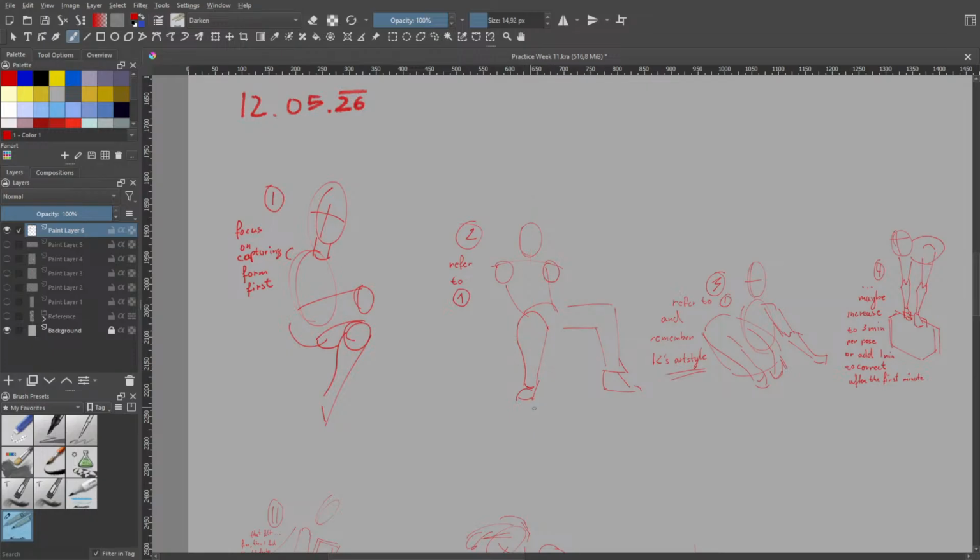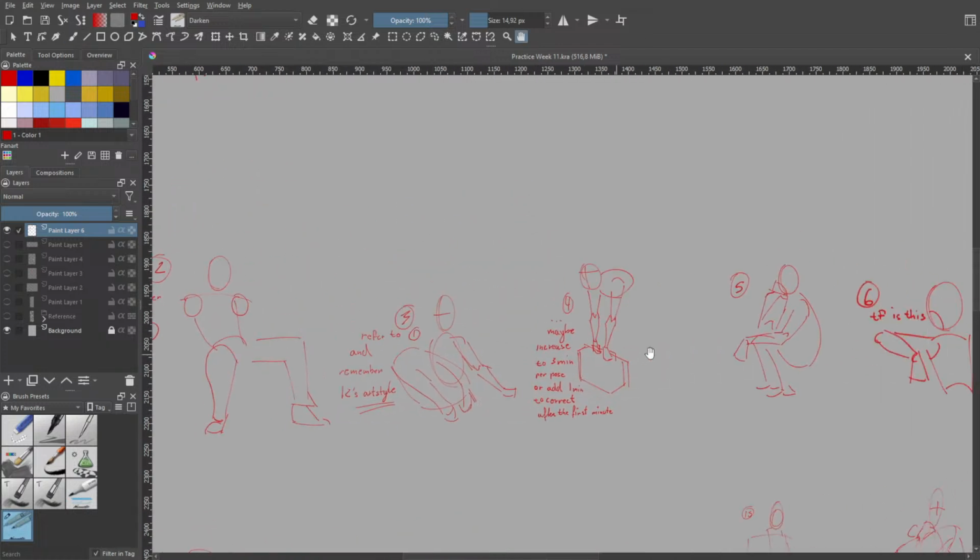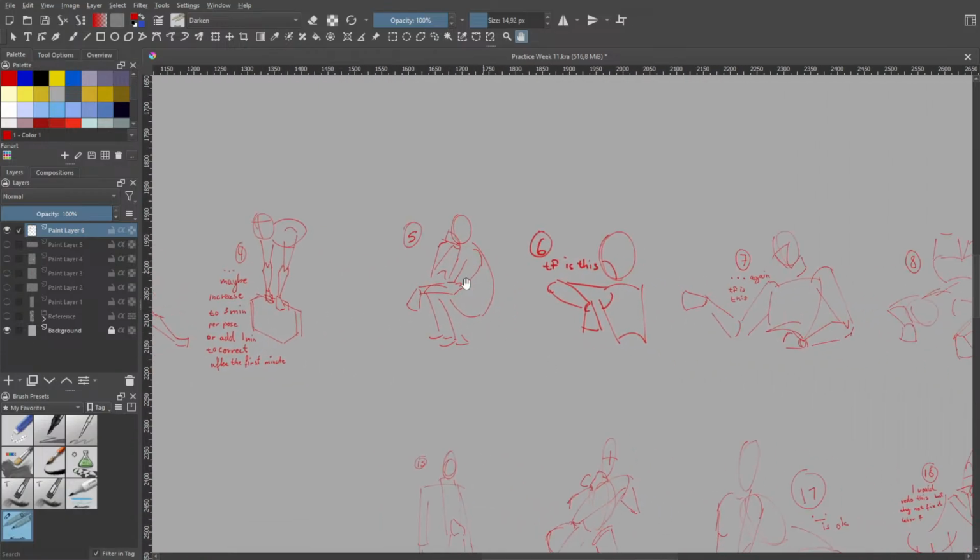Actually, I might have to retract that, since this guy is sitting on a chair and the legs aren't so much needed as a support and could just be stretched this way for relaxation purposes. It's more important for standing poses or sitting poses.